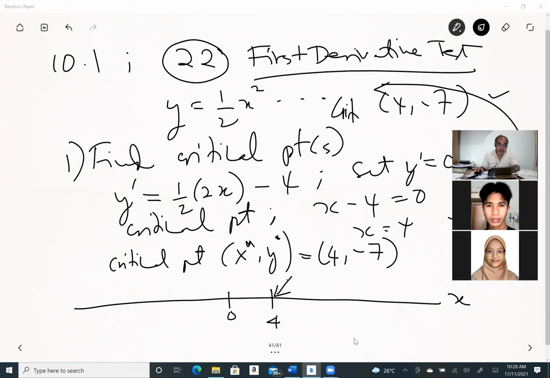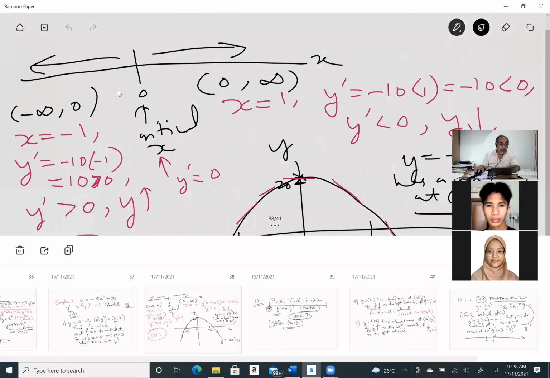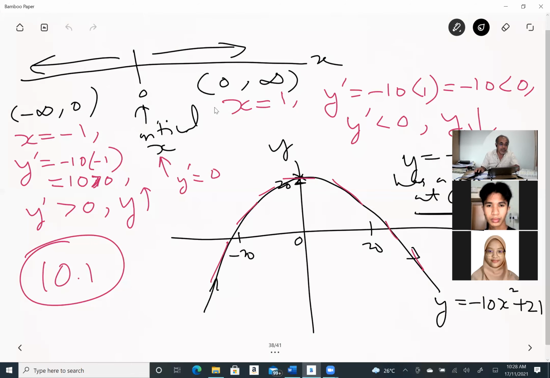Interval 2, sir. What do you mean interval 2? I'm not sure, sir. Interval is like this. If you go back to what I was doing here in that example, based on the critical point you have intervals. One interval is from zero to infinity.